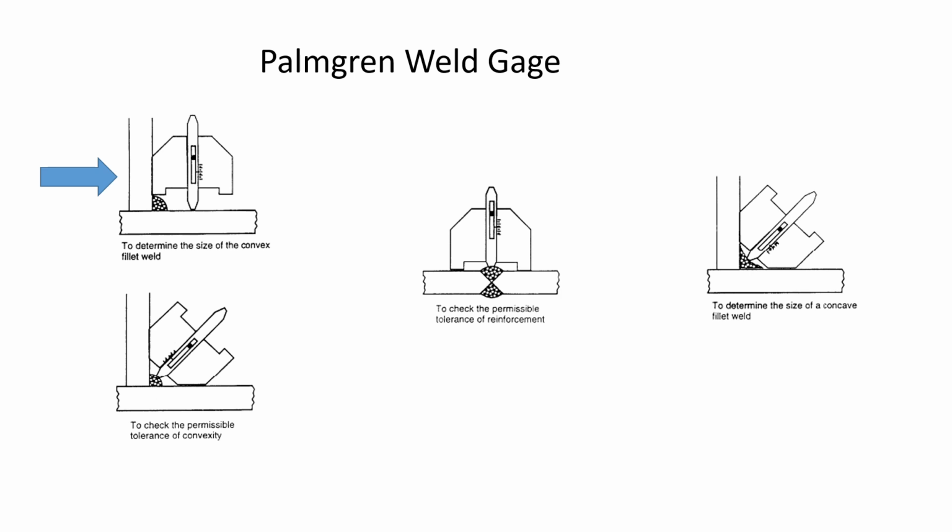You can see there we're using it on the convex fillet weld. There in the lower left, we're using it to check the convexity of a convex fillet weld. There we're checking did we put too much weld in there or not enough? This will tell us. With this gauge, it will give us a number. And then over here, we can use it to measure the size of a concave fillet weld.